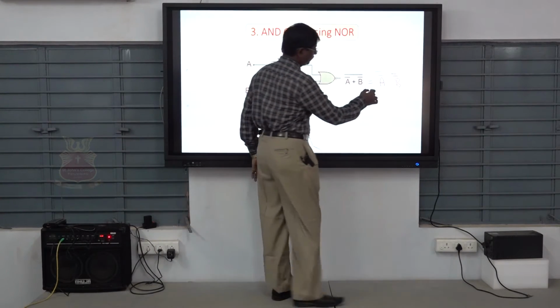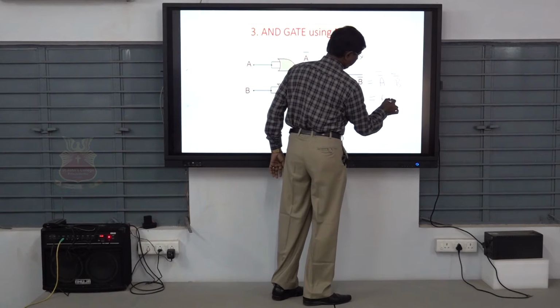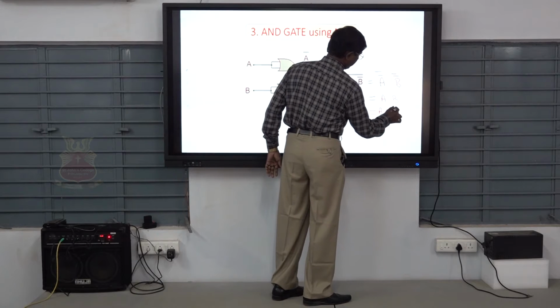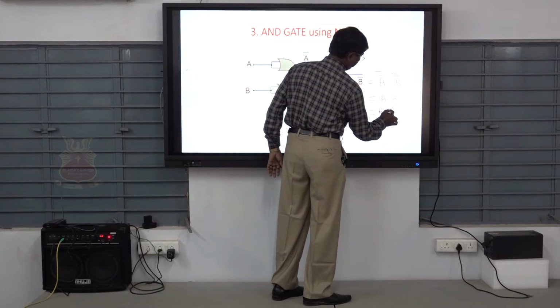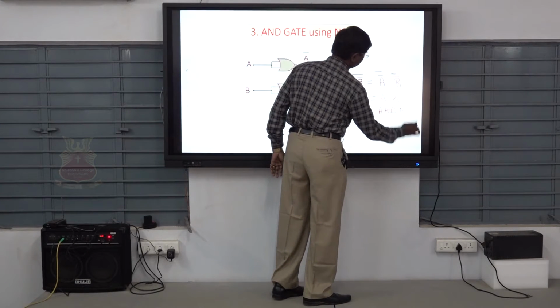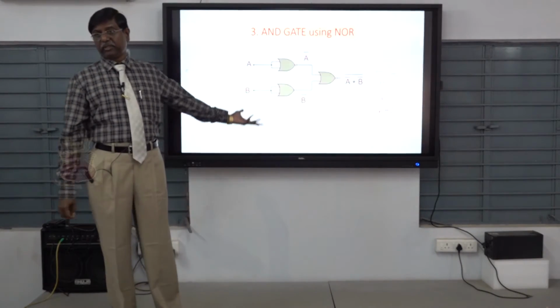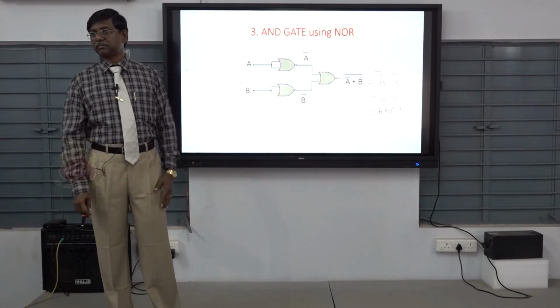So it becomes A dot B, or it is equal to A and B. Okay. So we have constructed an AND gate with the help of three NOR gates, right?